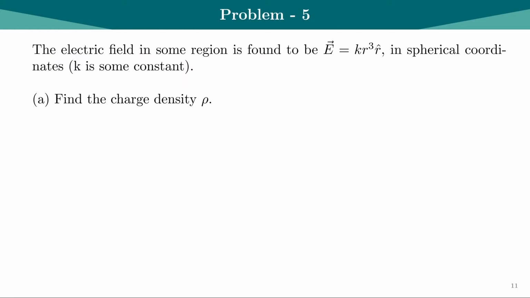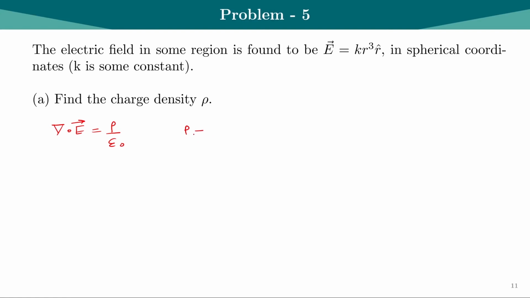Now let us try to solve problem number 5. The electric field in some region is found to be E equal to k r cube times r hat in spherical coordinates. Here k is some constant. Part A of the problem is to find out the charge density rho. According to Gauss's law, we have del dot E equal to rho over epsilon 0.